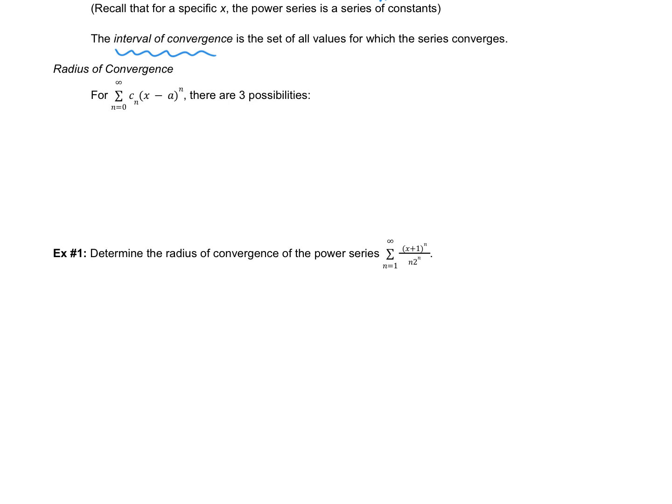So talking about radius of convergence. For this power series, there are going to be three possibilities. First possibility is that the series only converges at x equals a, in which case our radius is 0. And all power series are going to converge at a.